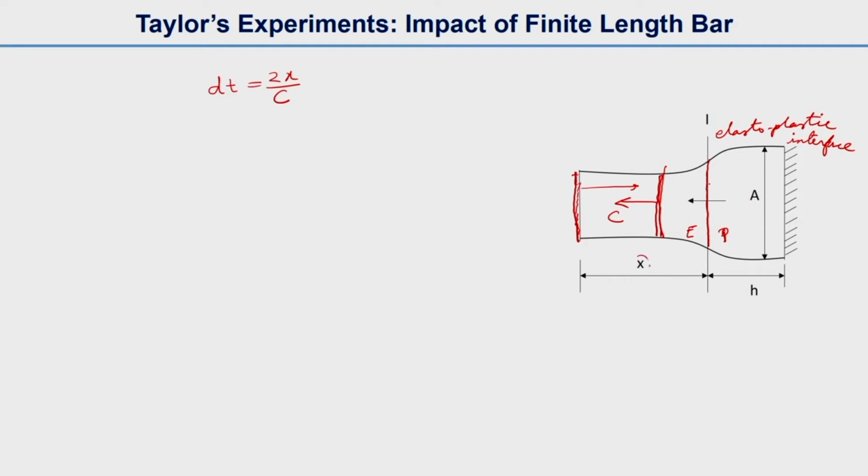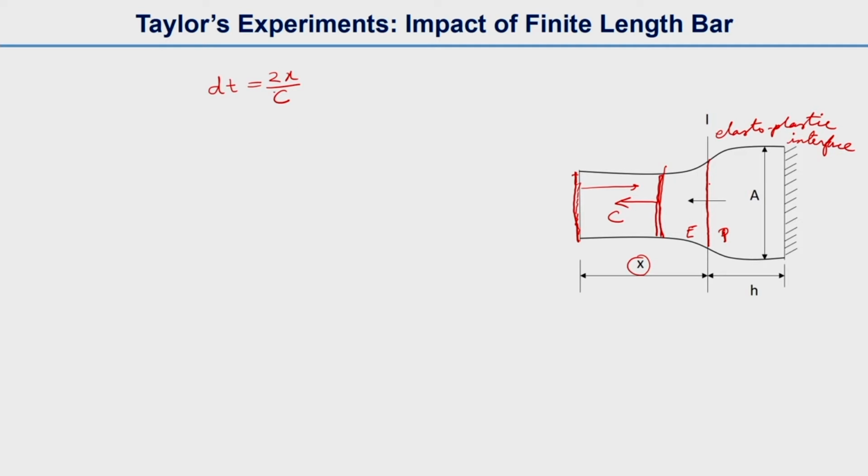So this is x. That is the time taken by the elastic wave front to travel from the elastoplastic interface to the free surface and reflect back again to the plastic boundary or elastoplastic interface.